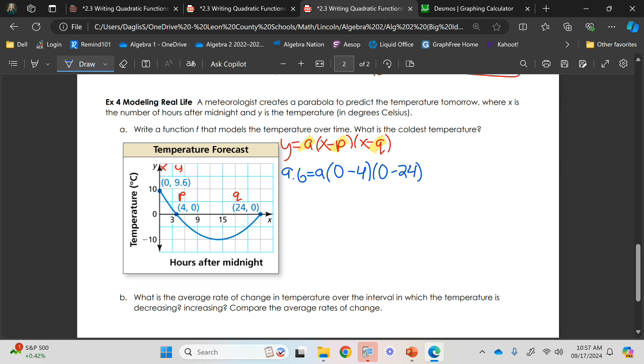So that becomes negative 4 times negative 24, which is 96a. So 9.6 equals 96a. Divide both sides by 96, and we get 0.1 for my a value. My a is positive. Does that make sense? Are we opening up? Yes, so positive a works here.